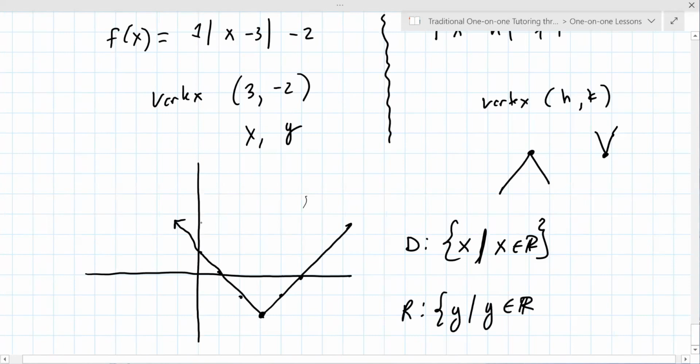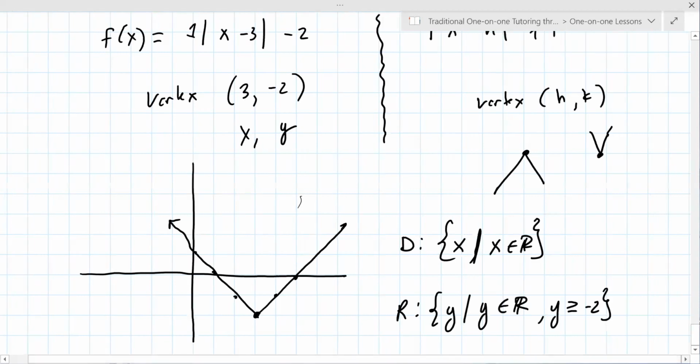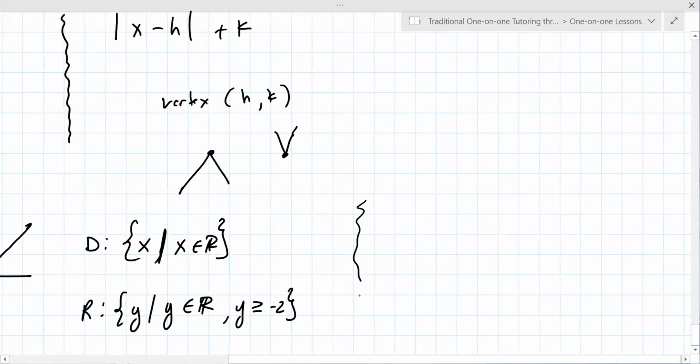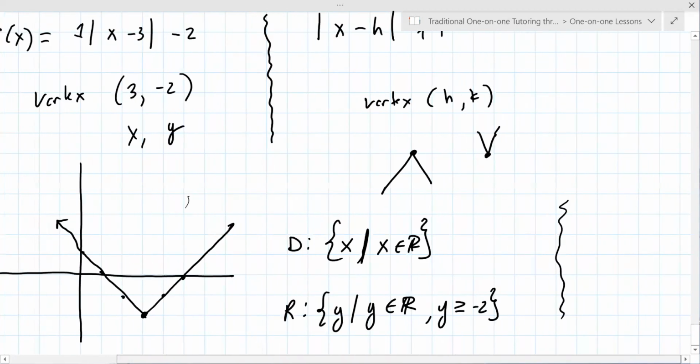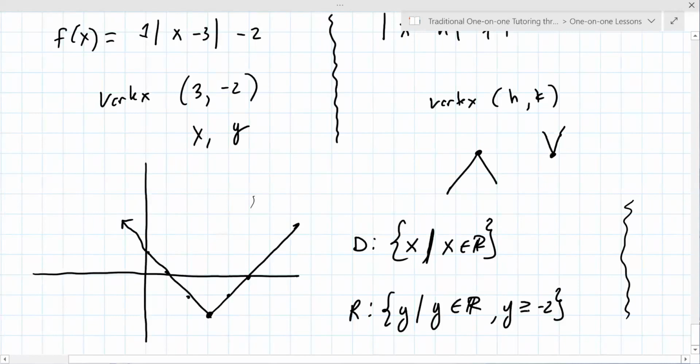Since this one opens up, you take the y value: y is greater than or equal to -2. What if that number out front was -1 and it would be facing down? Then y is less than or equal to -2. So it's always going to be that second number, -2. Yes, and that's set builder notation.